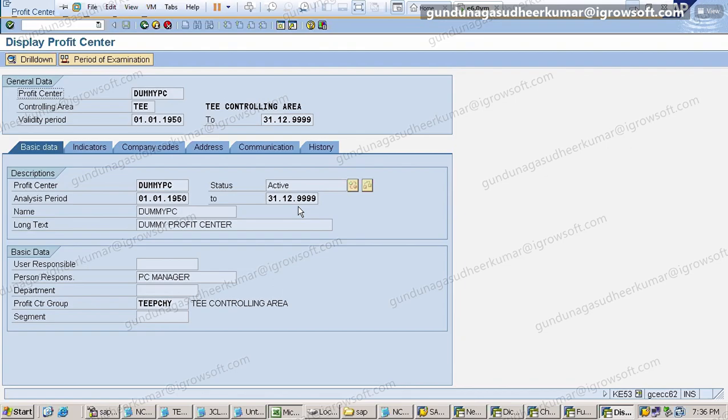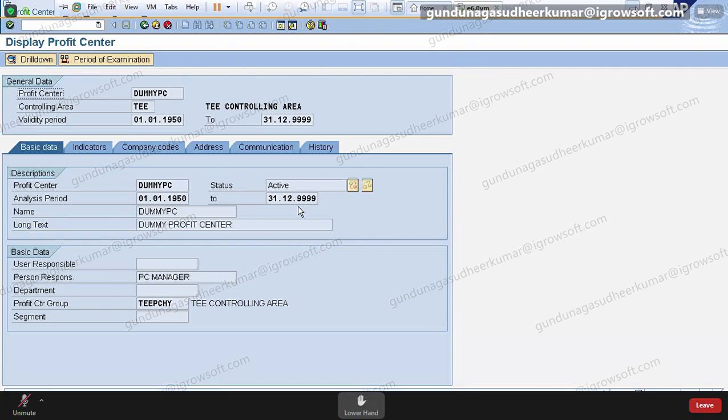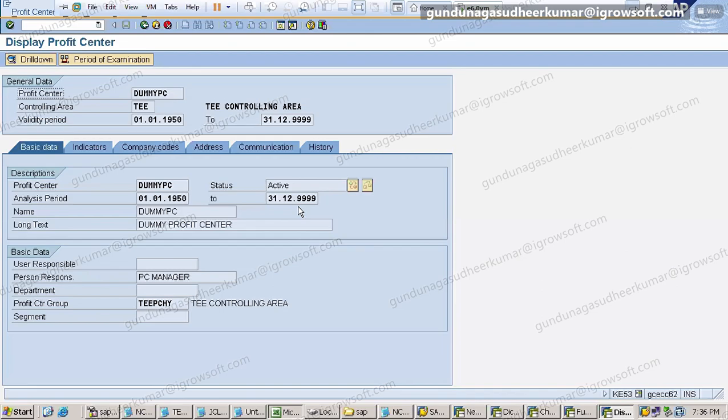Sir, one general question. From an interview point of view, do we need to remember every T-code, or is the concept important? Concept is important. Nobody will ask you the T-code until and unless you tell them that you worked in one area and you are very strong in it.